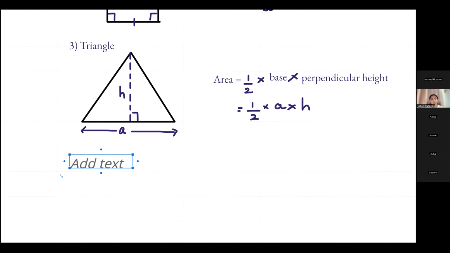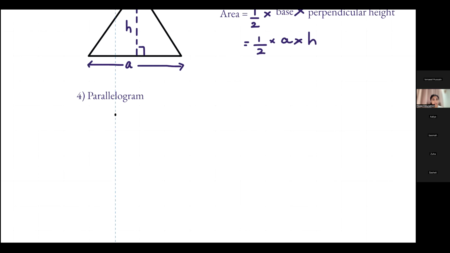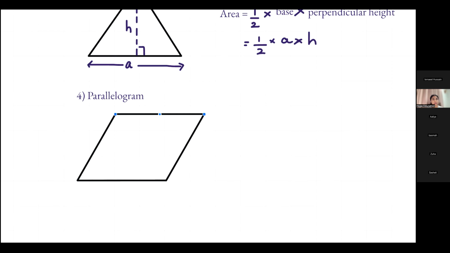If we take a parallelogram, let's say we have a parallelogram like this, where the base is A and the perpendicular height is H. How do you find the area of this parallelogram?